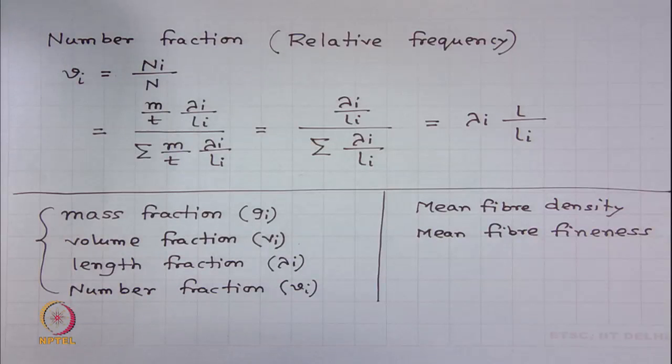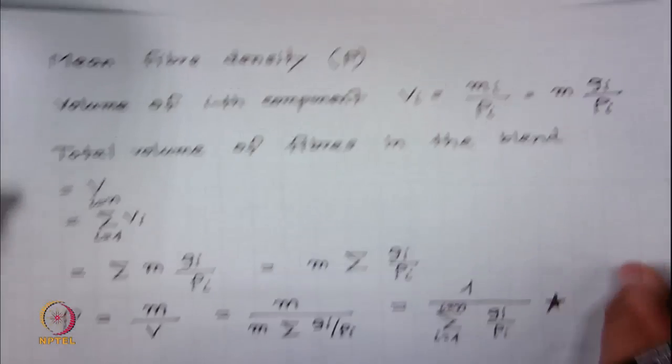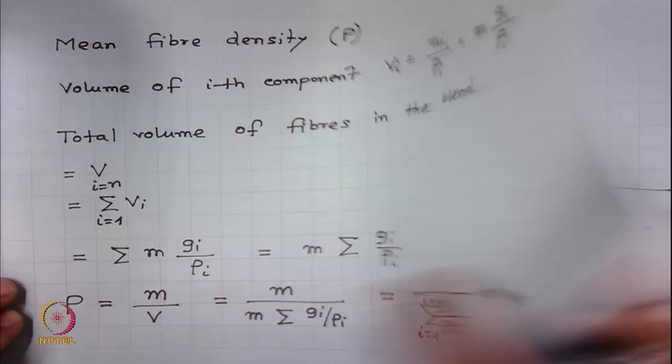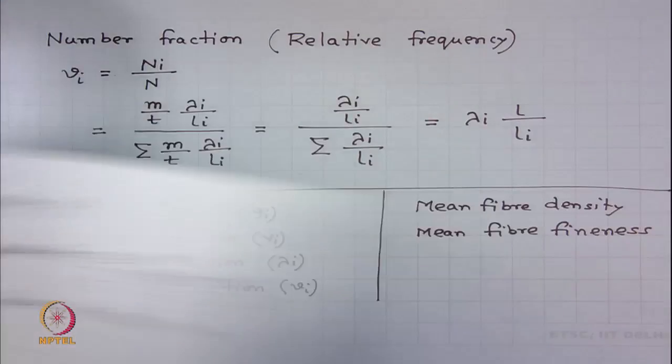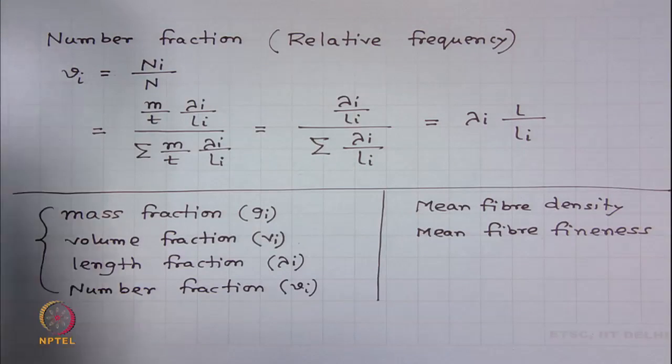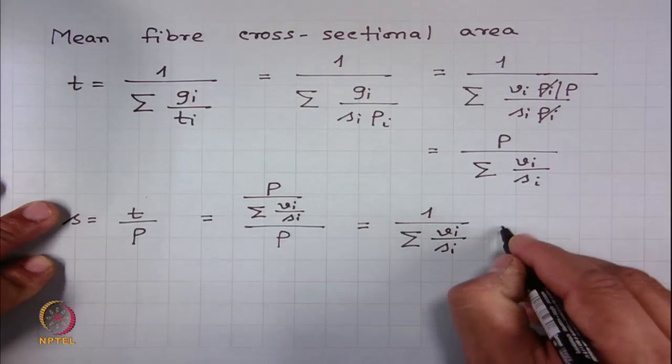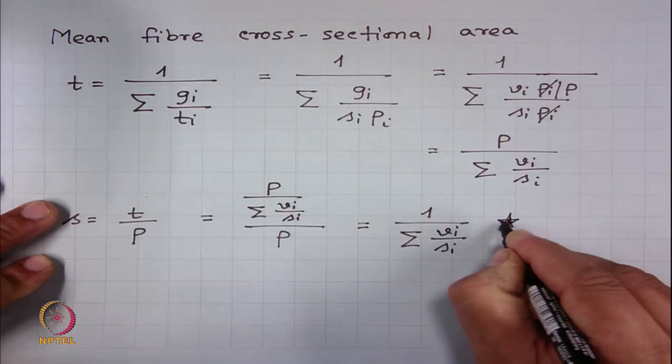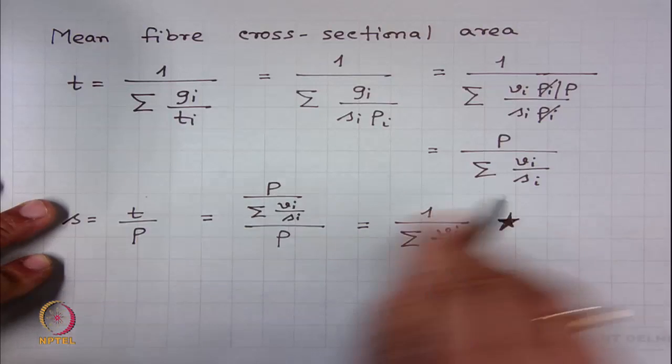Then we obtain the expression for mean fiber cross sectional area. Mean fiber density is already obtained, mean fiber fineness is obtained. All are the harmonic means of individual components.